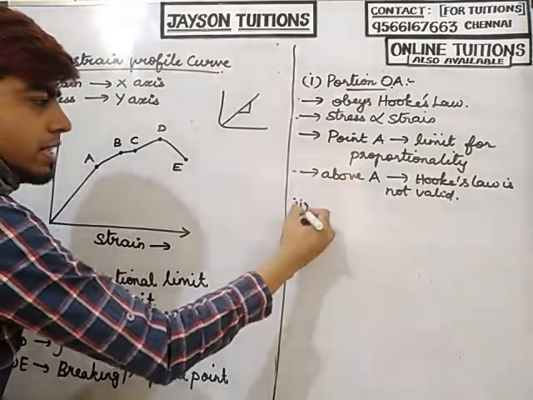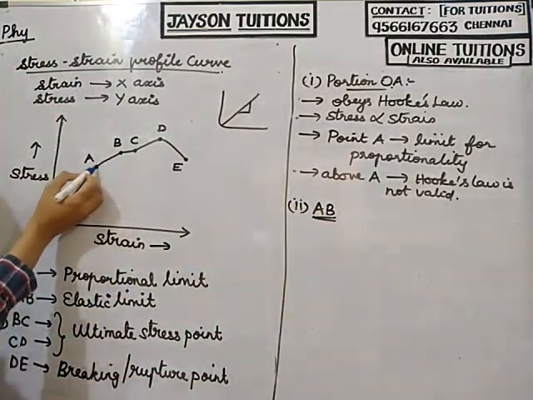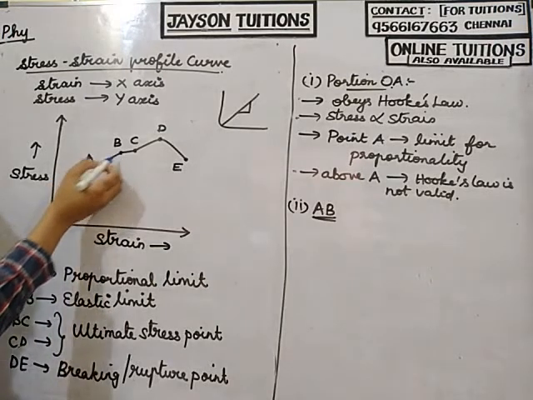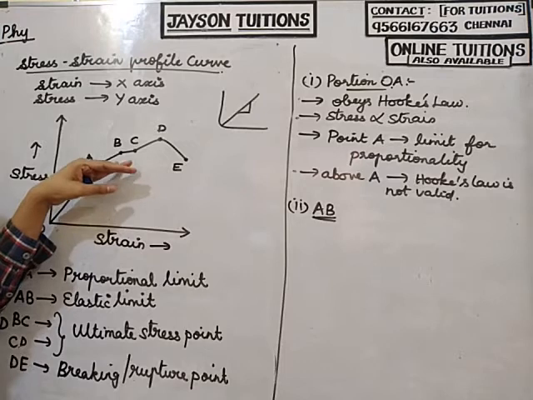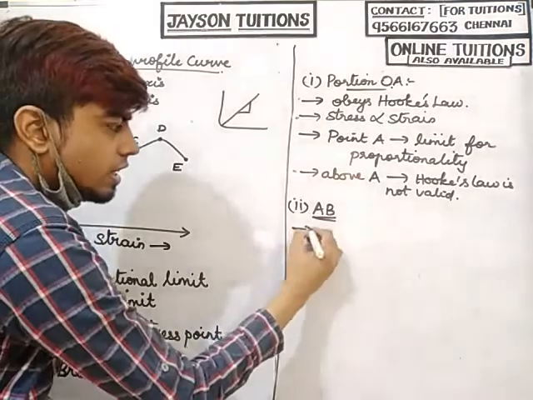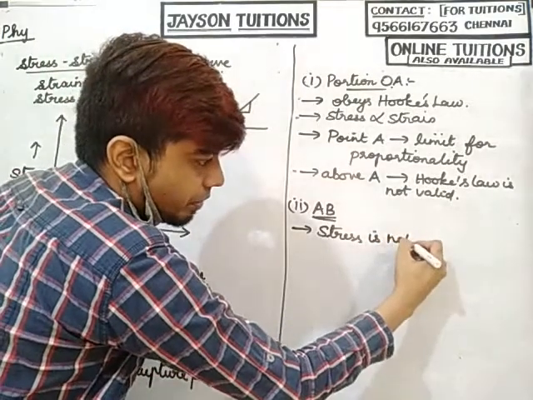Now the next portion, AB. In AB, you see the line has deviated. That means the stress is not proportional to strain.